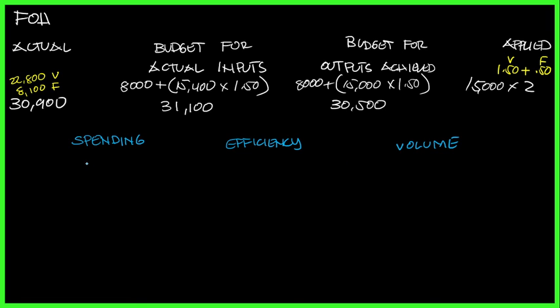So 30,900 versus 31,100, you will now have 200, which is favorable. Nakatipid kasi tayo. Efficiency is the difference of these two. Wait lang, lagay nga natin yan.